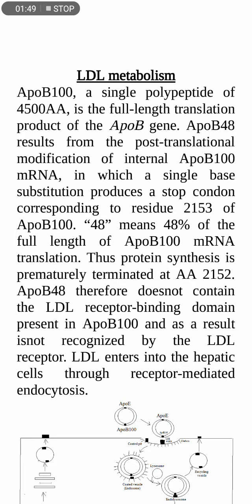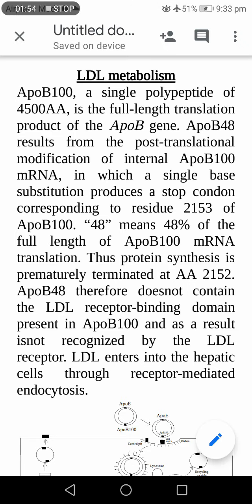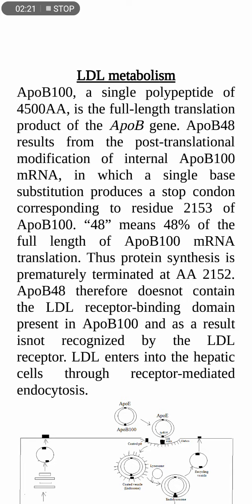So how does the liver recognize the LDL? In the LDL, there is ApoB100. In the liver, there is an LDL receptor on the cell surface, and this LDL receptor recognizes the ApoB100 molecule as well as the ApoE molecule.